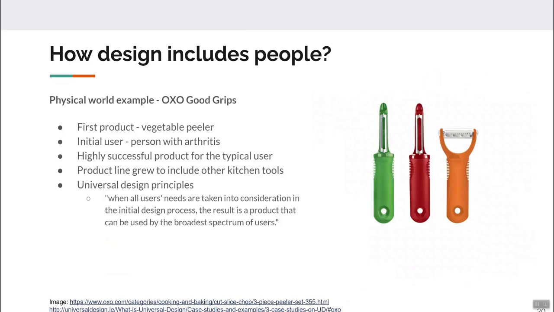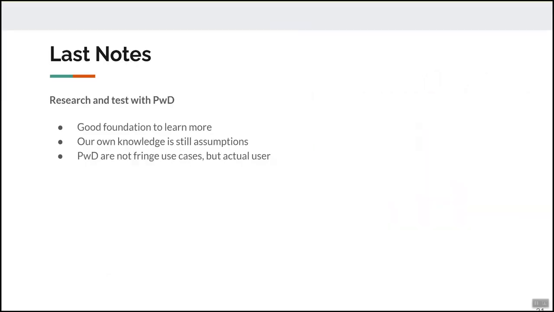And the product line grew to include other kitchen tools. When I was reading through some of OXO's case study on this, they definitely said they used universal design principles. And their quote here says, "When all users' needs are taken into consideration in the initial design process, the result is a product that can be used by the broadest spectrum of users."